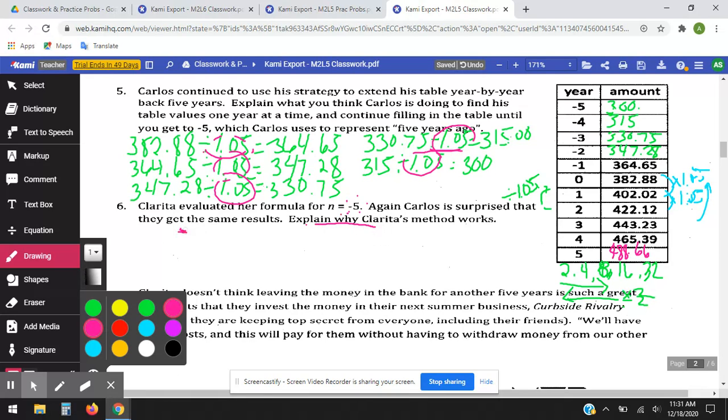Because taking 1.05 to the -5th is the same thing as 1 over 1.05, so it's multiplying by the reciprocal, which is really a division to the 5th power. So it gives you the same answer, that $300 for a start, because you're dividing 5 times.